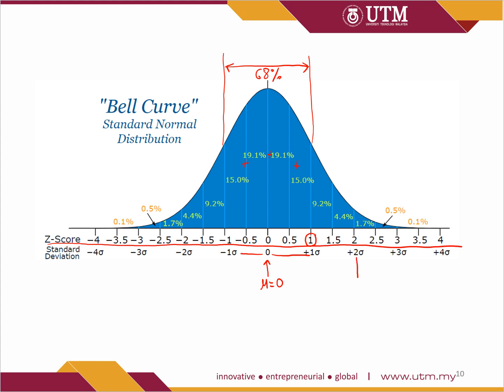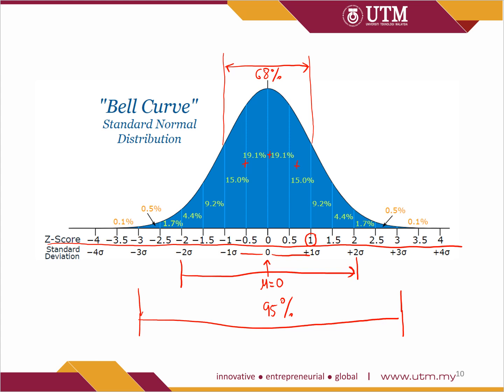And for 2 standard deviations, the area of this normal distribution covers around 95% of the curve. And for 3 standard deviations, it covers around 99.7% of the total area under the curve.